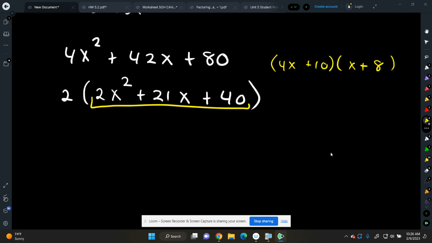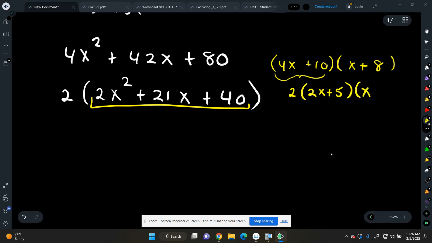That's not incorrect, but it's not complete, because this still has a greatest common factor in it. So if you use another method and you do that, you have to recognize that there's a greatest common factor here and take it out. Like that. The 2 just stays there. Okay?